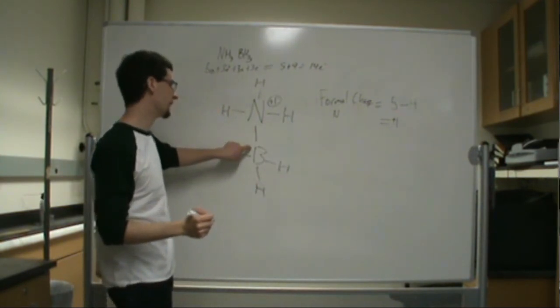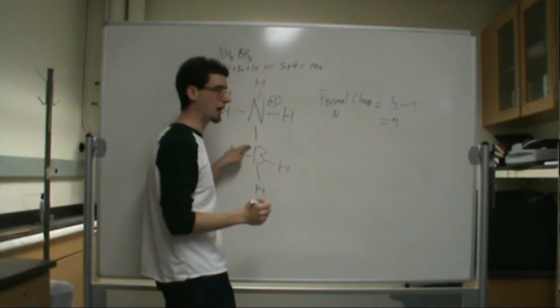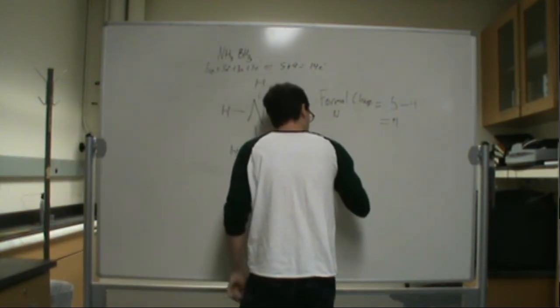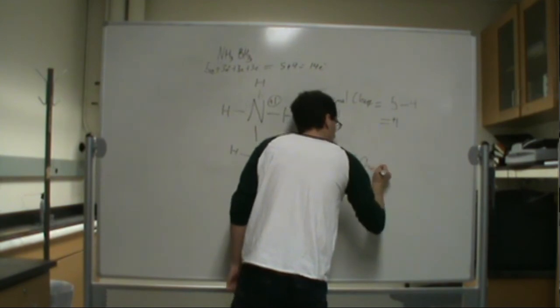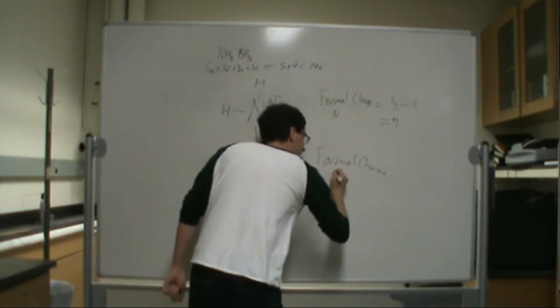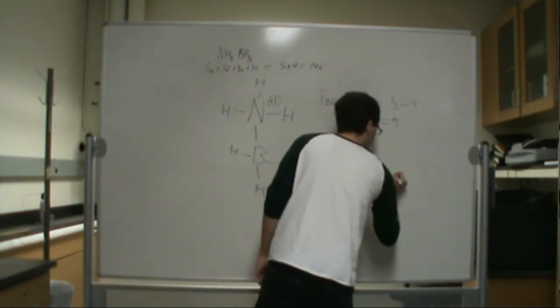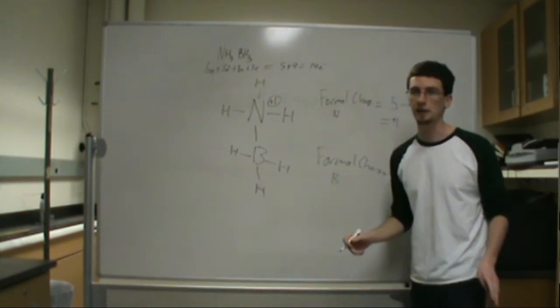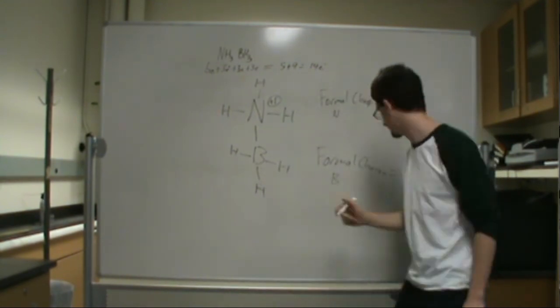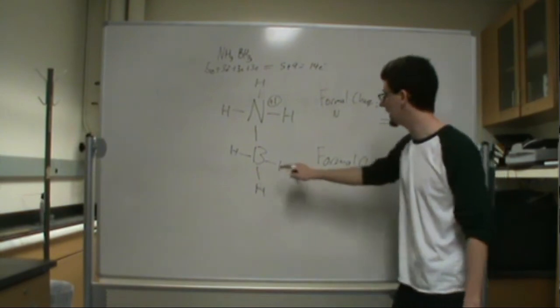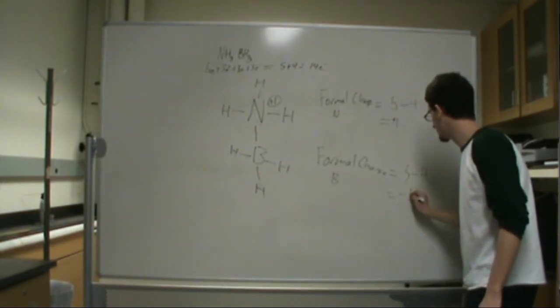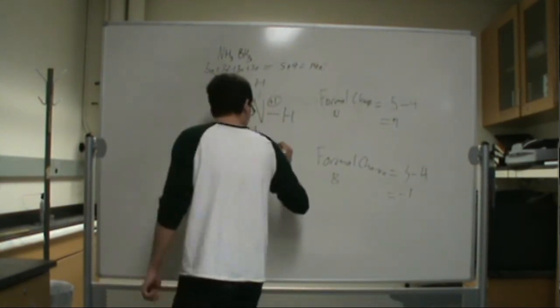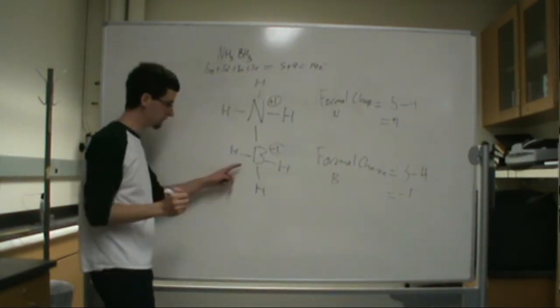What about the boron? If you can guess already, boron in its neutral state has 3 electrons, right? In this case, it has 4. So we should have a formal charge of -1 on the boron.